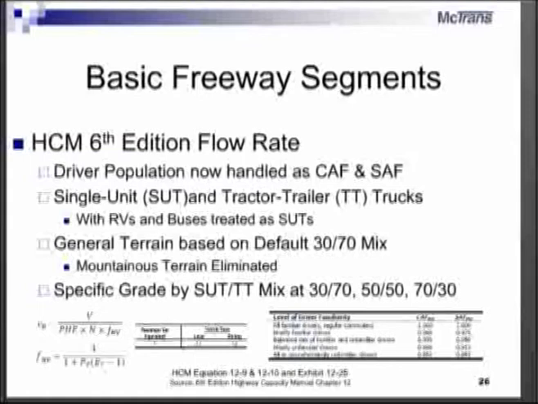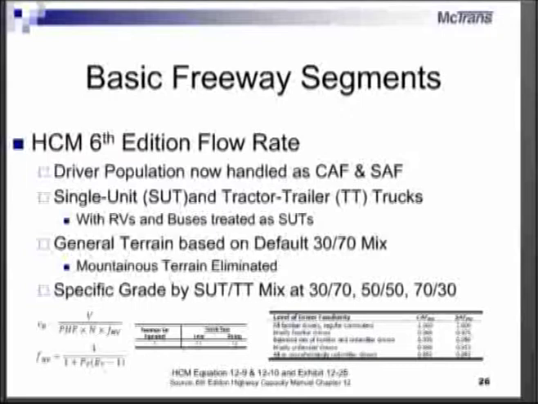Also, we're going to implement this new truck procedure, but I notice the bullet point here is driver population. So if you look down at the bottom right, that table provides another capacity and another speed adjustment factor for the effects of unfamiliar drivers in the traffic stream. Now what they did here is they changed it to speed and capacity adjustments instead of adjusting the flow rate.